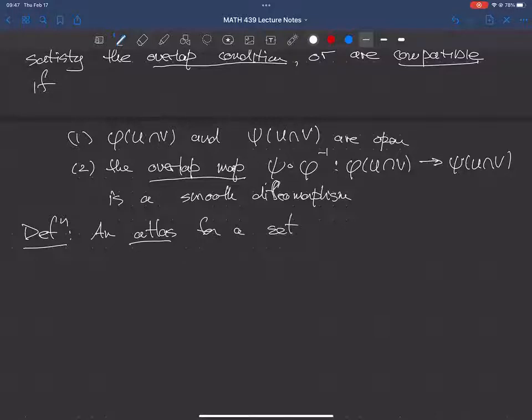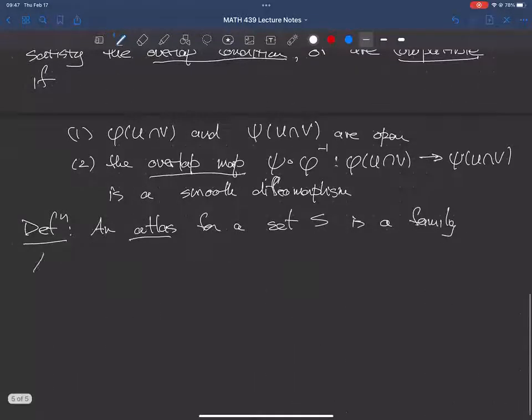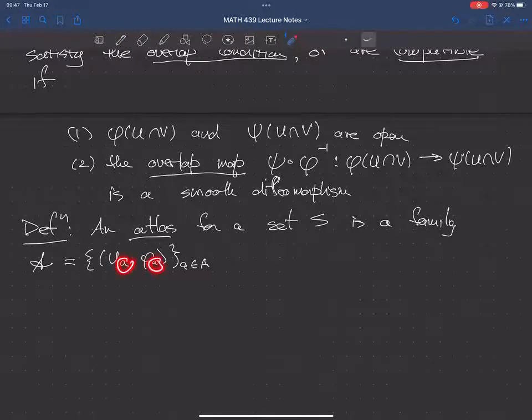So we still have a set S and a family of charts indexed by some set A. It's a bunch of charts, and I make no restrictions on A. A can be finite, countable, uncountable.